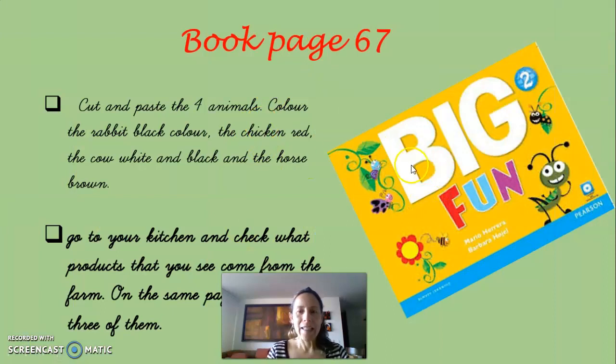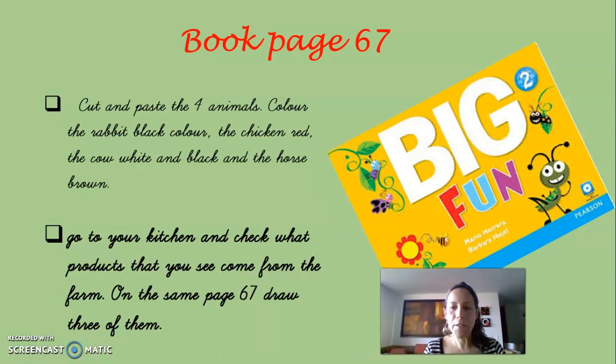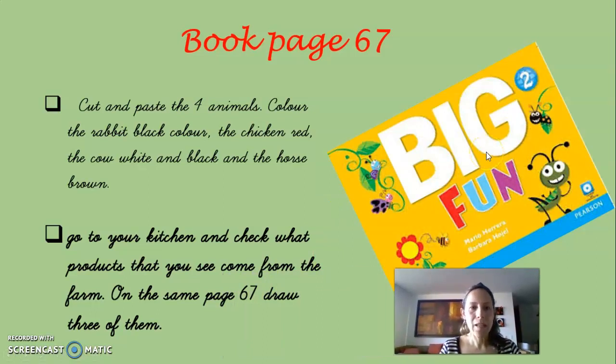Very good. Now, in this moment, you are going to go and look for your big fan book. Open it on page 67. And you are going to cut and paste the 4 animals that you see there. But you are going to color these animals following Miss Maria Claudia's instructions.